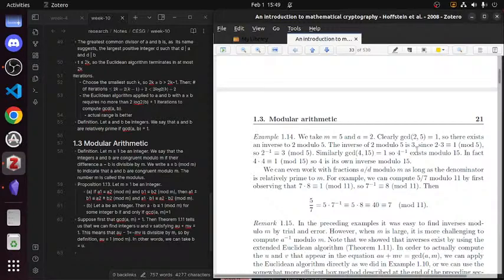So, 2 inverse. Okay, this is where I gotta pay attention. A inverse. Because M is 5, so M is the modulus, and 2 is the number, 3 is the B. So 2 inverse equals 3 mod 5. Similarly, the GCD of 4 and 15 is 1.